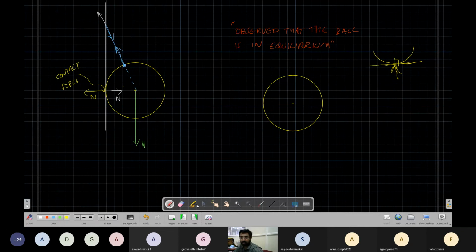I have to bring this force. A lot of people have their own opinion about this force. Then I have the string's force, the tension, so I have to bring that also.